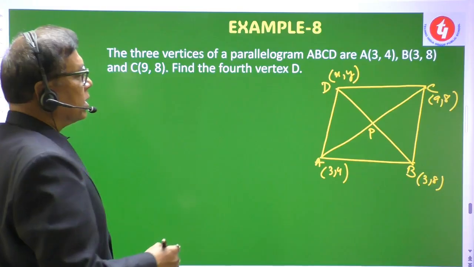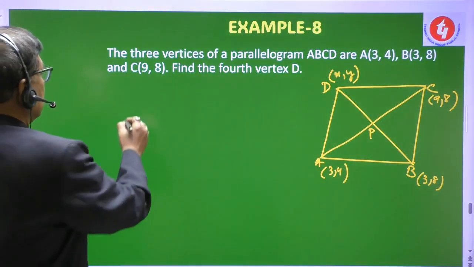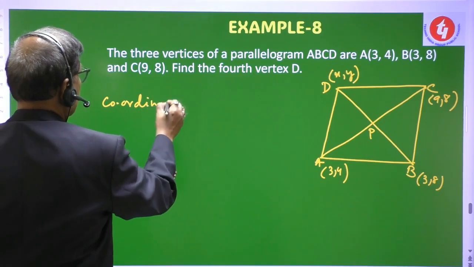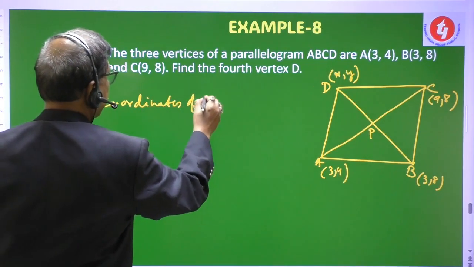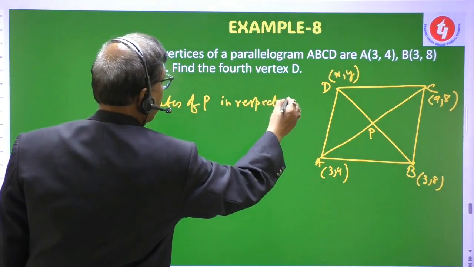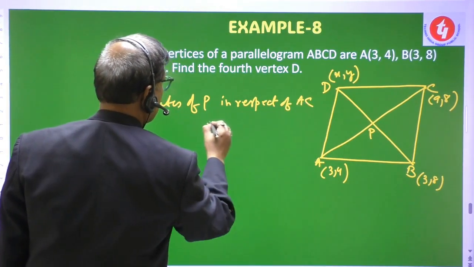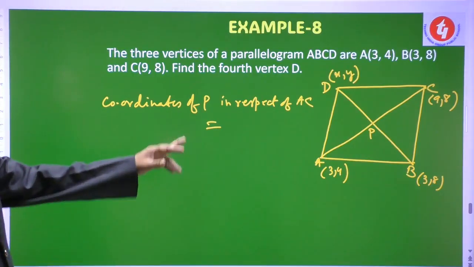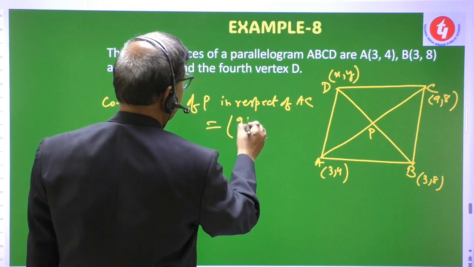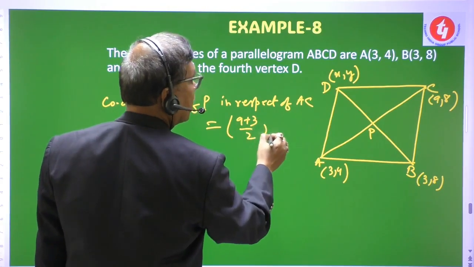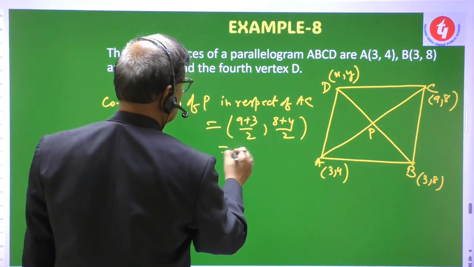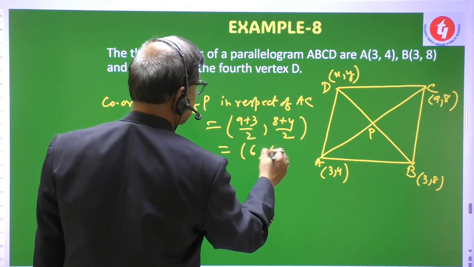So applying concept of midpoint formula, we can find the coordinates of P. Coordinates of P in respect of AC, in respect of AC, coordinates of P is 9 plus 3 upon 2 and 8 plus 4 upon 2. That is 6 comma 6.